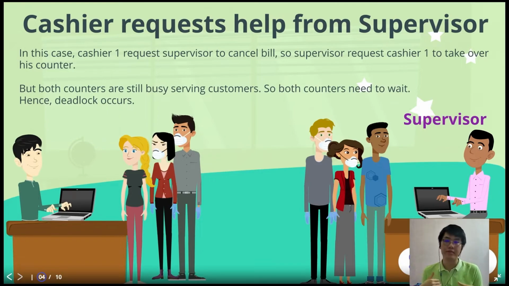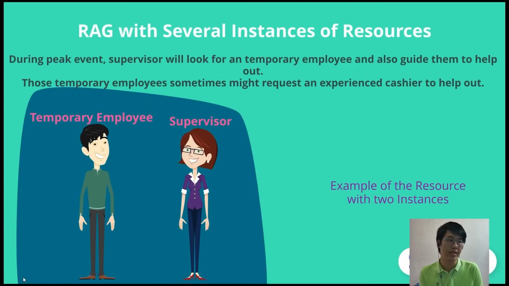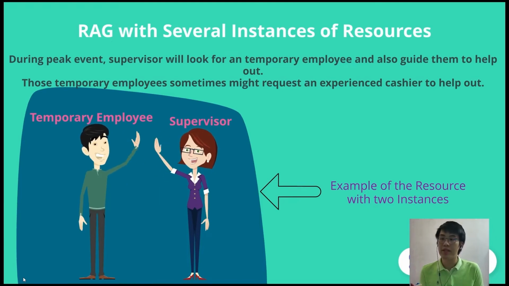Right now, I will be presenting the RAG with several instances of a resource. Let me explain our scenario, which is during a peak event, the supervisor will look for temporary employees and also guide them to help out.